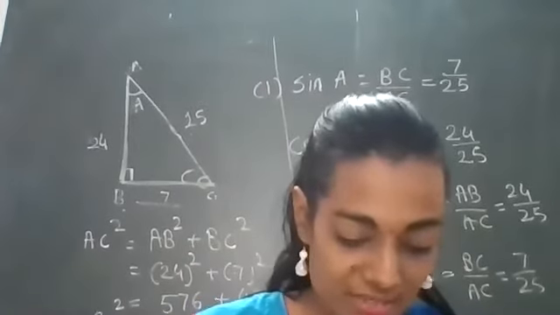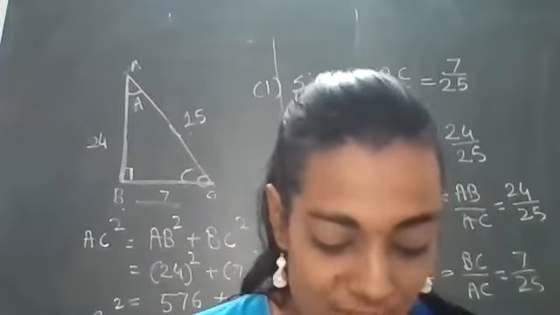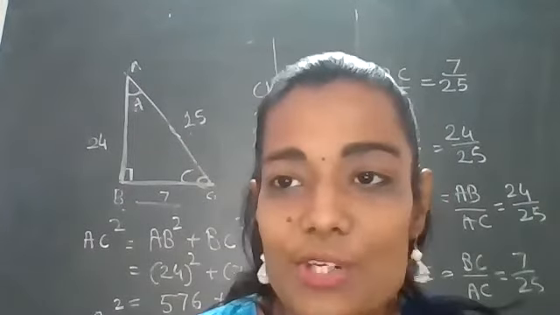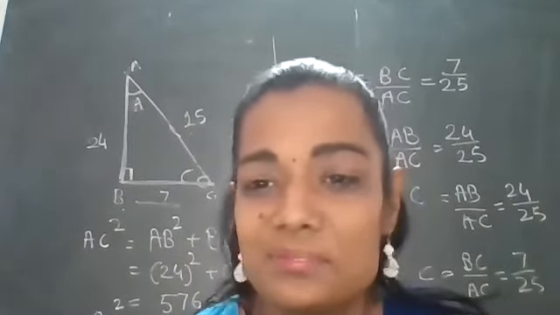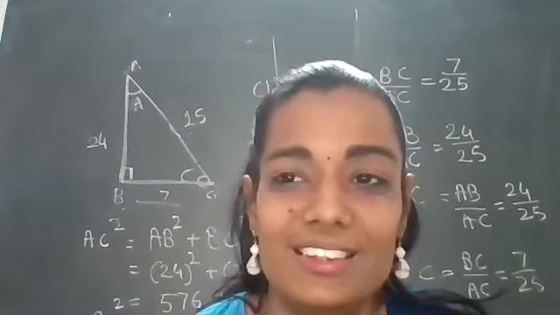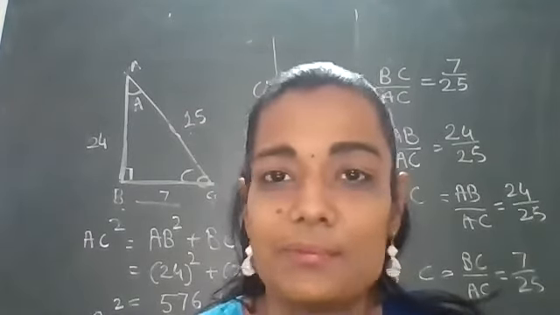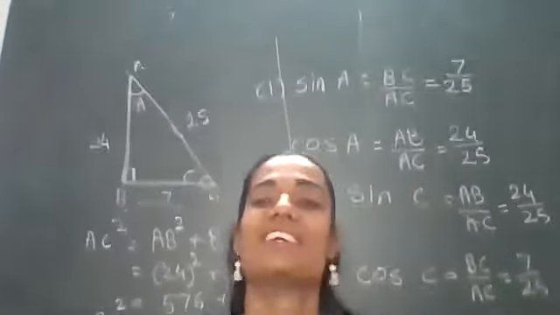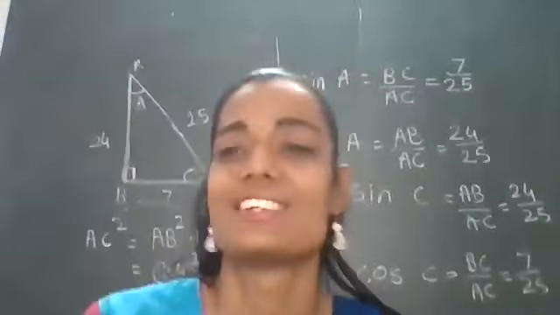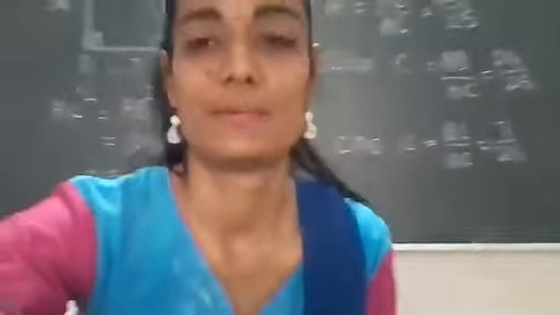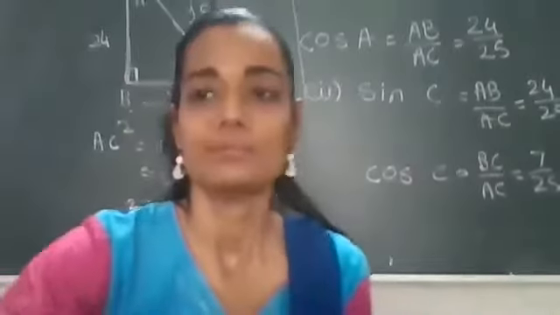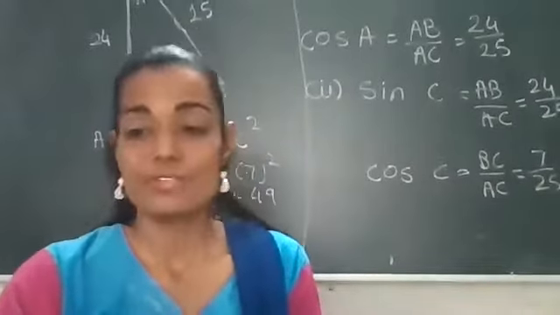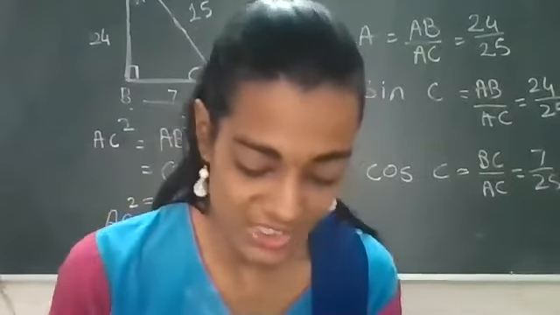Okay, now students, similarly, I am giving a homework. Shall I give the homework? See, none of you is answering me regarding the homework. Yes, ma'am. Okay, so a similar sum is given, question 3.